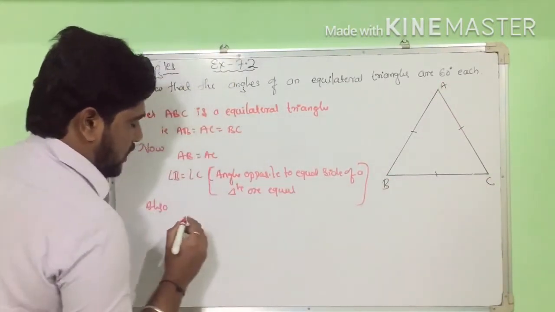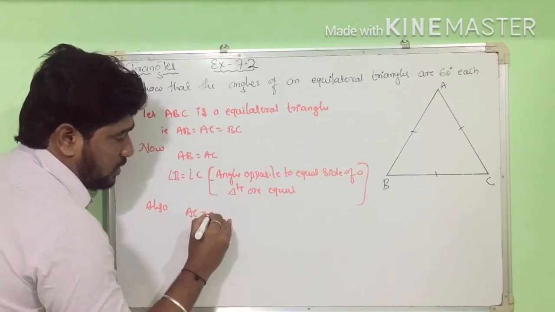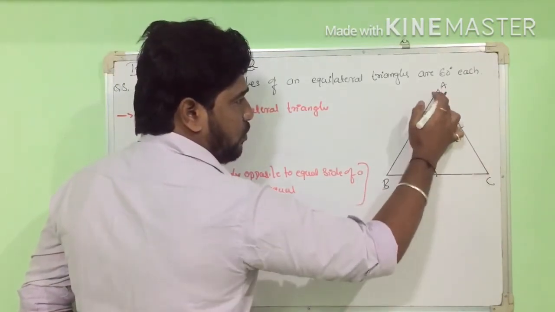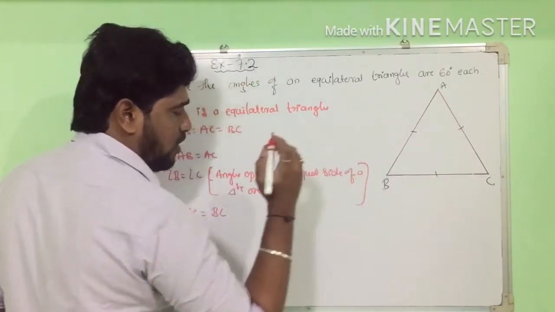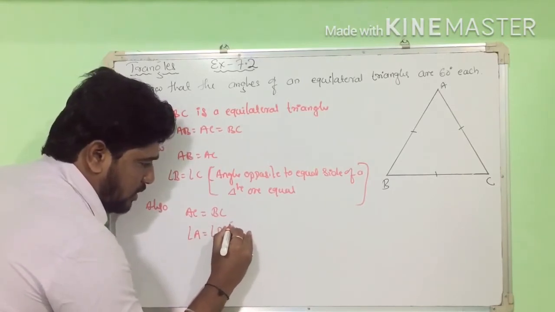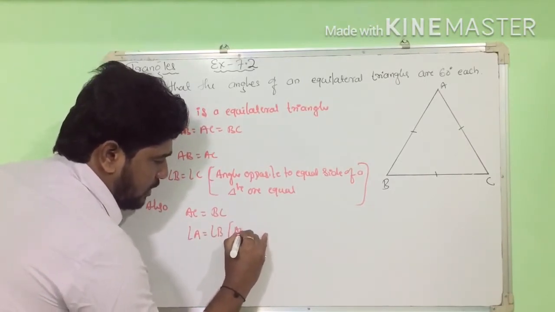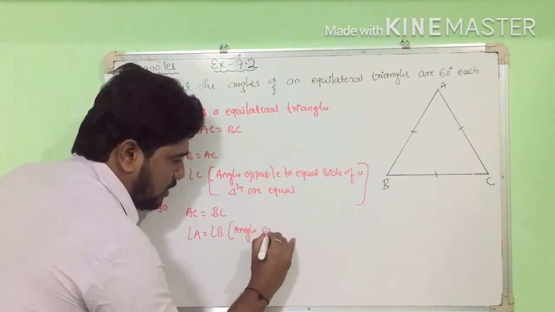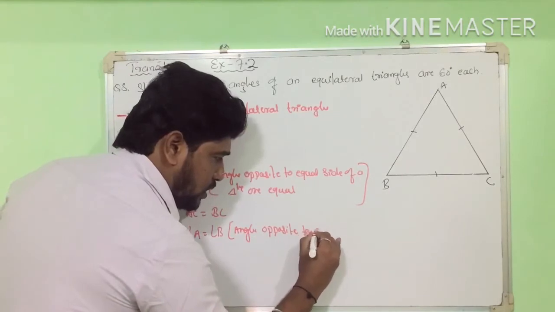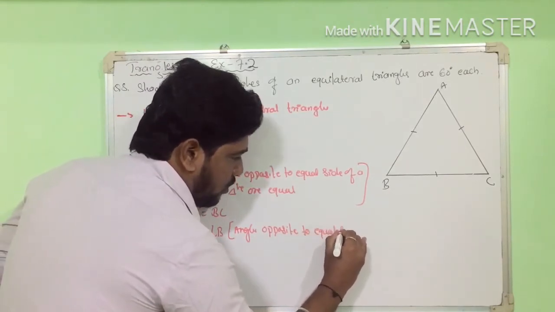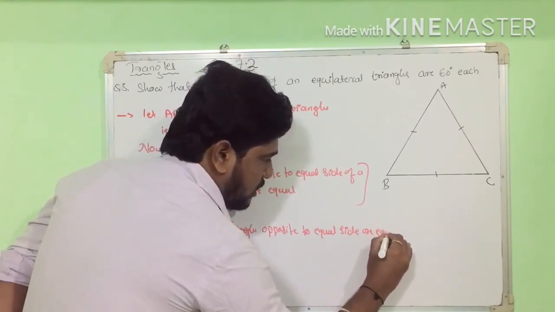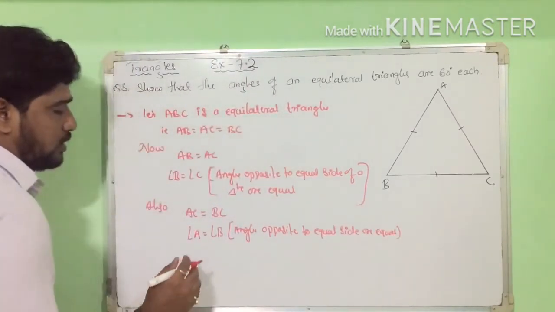So also AC is equal to AB, AC is equal to BC. So these two sides are equal means their opposite angles are equal. Angle A is equal to angle B. So here also reason: angle opposite to equal sides are equal, right?